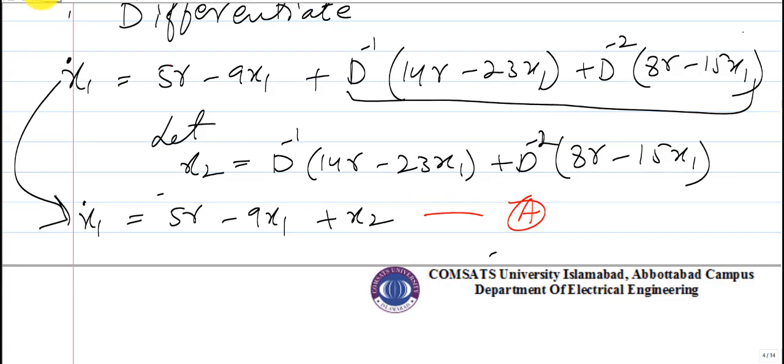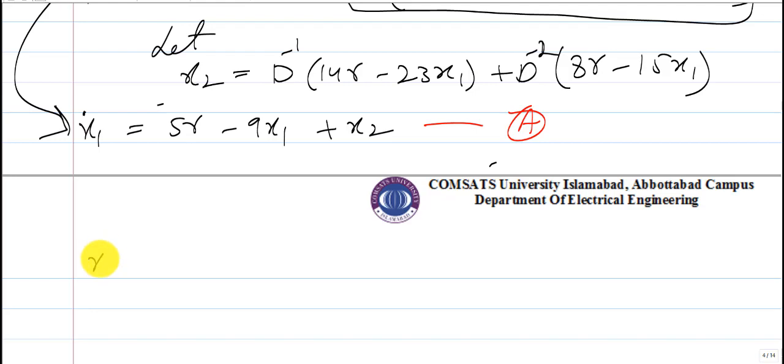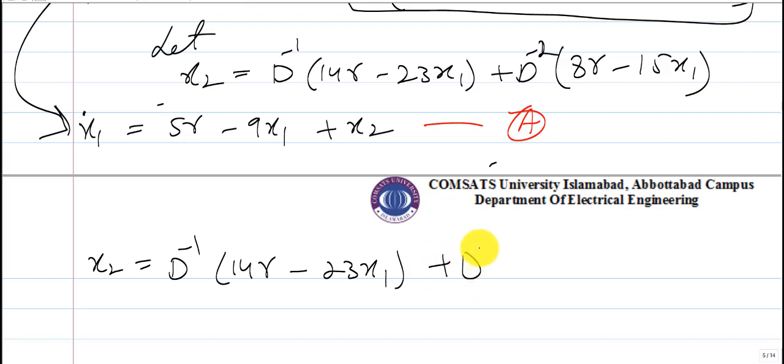Now, x2 is D^-1 (14r minus 23x1) plus D^-2 (8r minus 15x1). Again differentiating this equation, we get x2 dot equal to, with the antiderivative removed, 14r minus 23x1 plus D^-1 (8r minus 15x1).